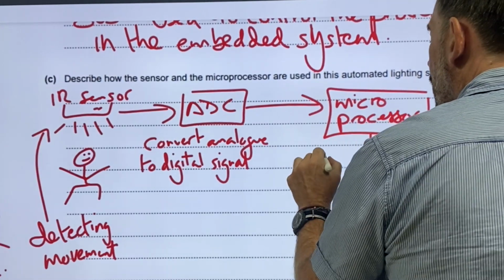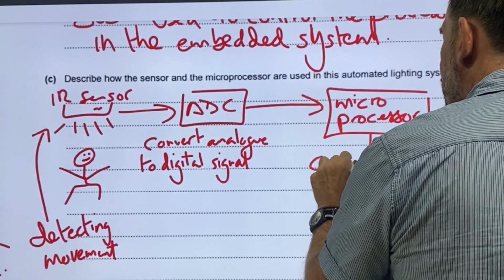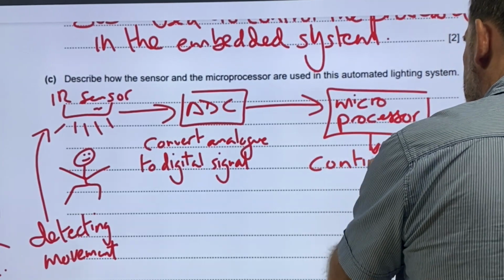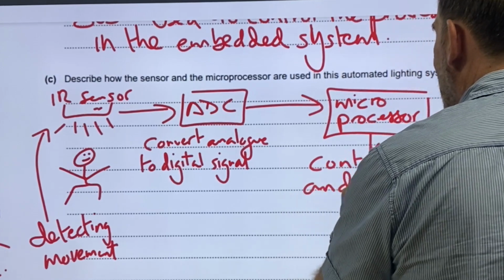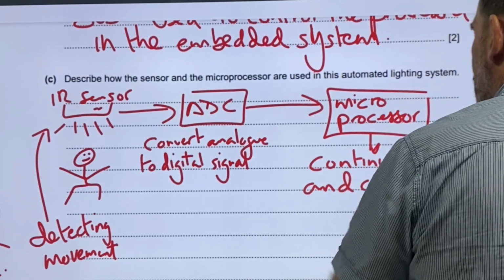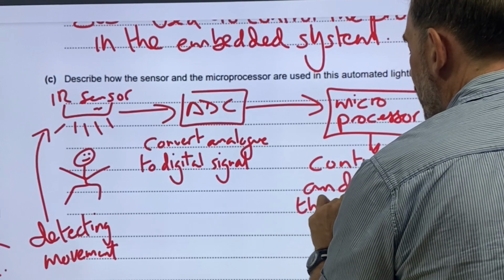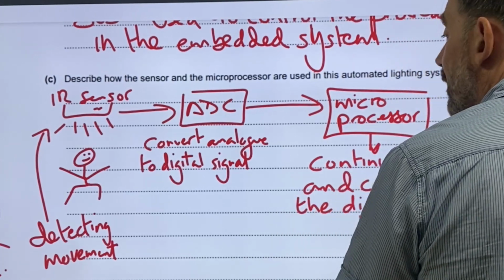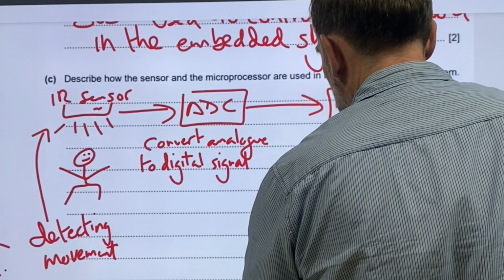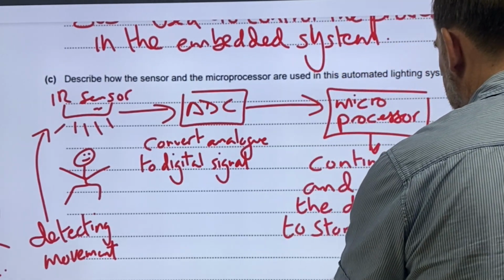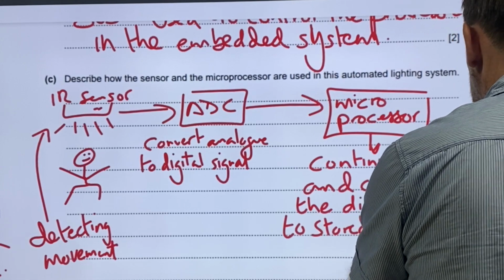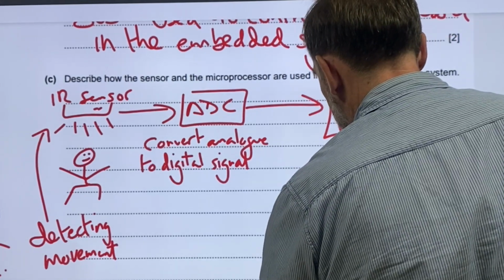The microprocessor continuously reads and compares the digital data to stored values in a database.